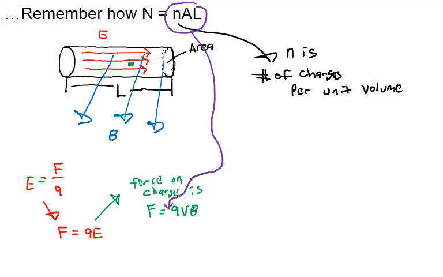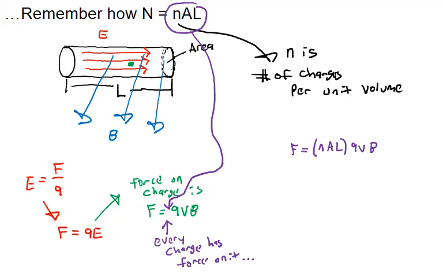And if we have however many charges there, times the area times the length, every charge has a force on it, right? And so every single charge that you have in there is going to have a force on it according to the magnetic field that could be going through it.